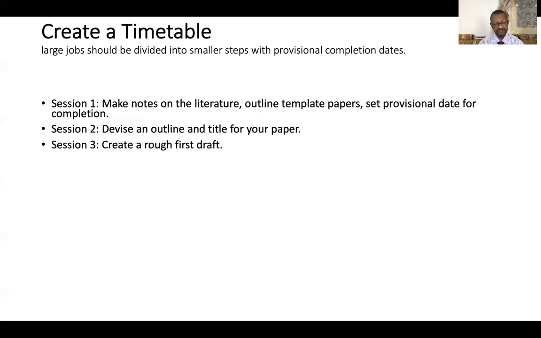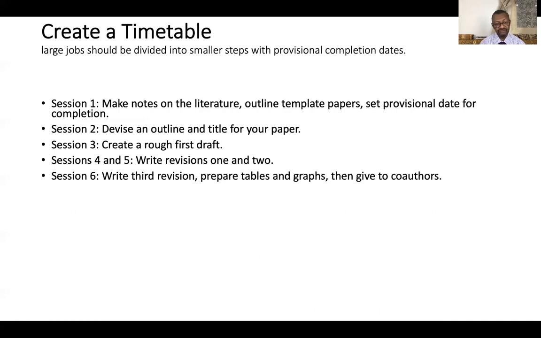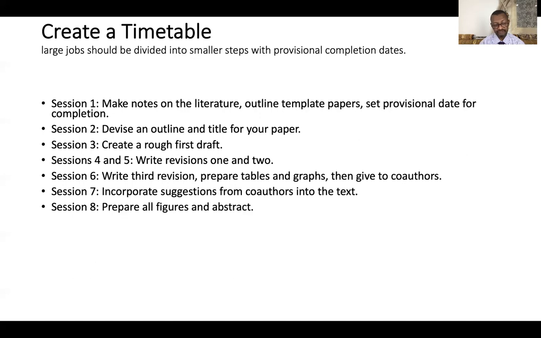In section 3, you can create a rough first draft of your work. In sections 4 and 5, write revisions 1 and 2. In 6, write the third revision, prepare tables and graphs, and then give it to the co-author, because the input of your co-author is very important. And in section 7, incorporate suggestions from the co-author into the text.